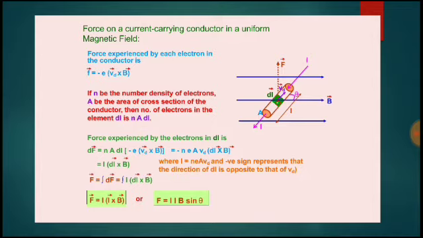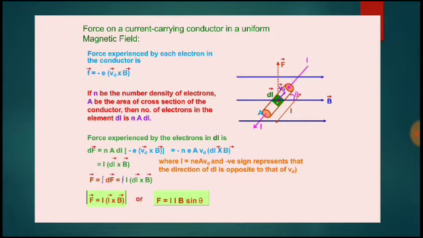See this? This is a uniform magnetic field, this is the conductor, this is the magnetic Lorentz force, this is the area of cross section, and this is the current, and this green color represents the small element. So in the conductor we are taking one small element, right?